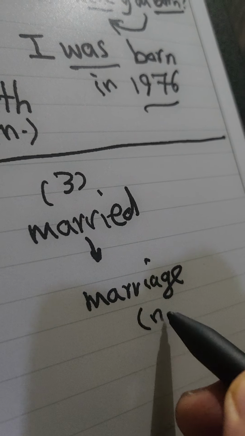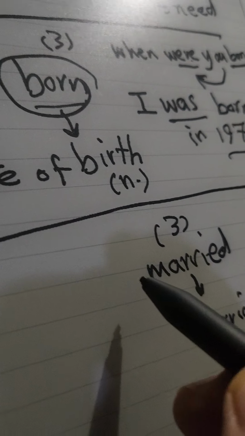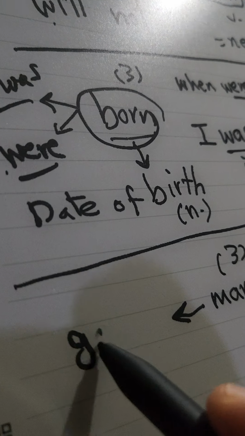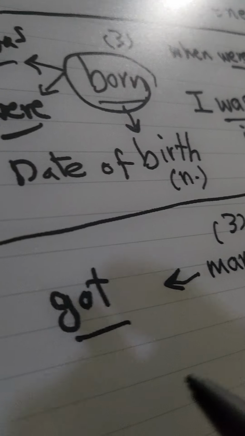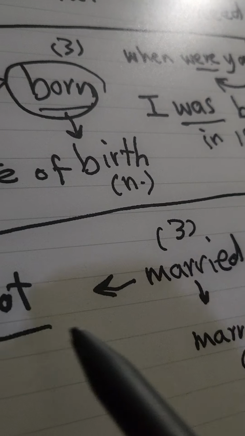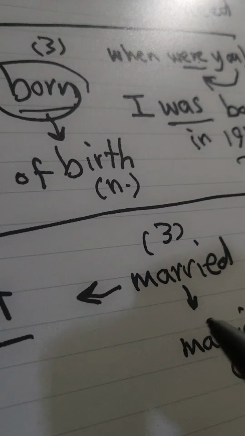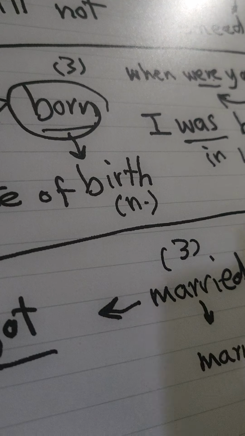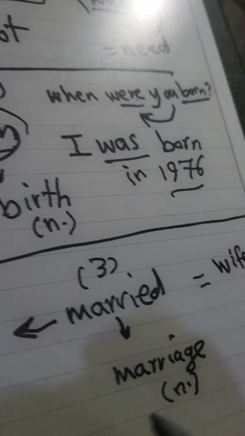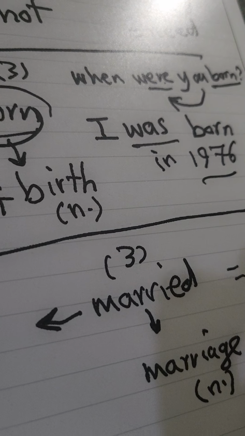What you say here should be followed by got in the past, not get. You say, I got married. I got married means I have a wife.